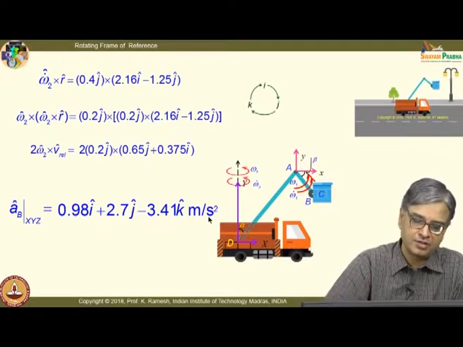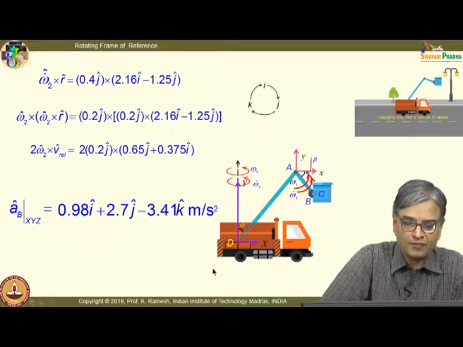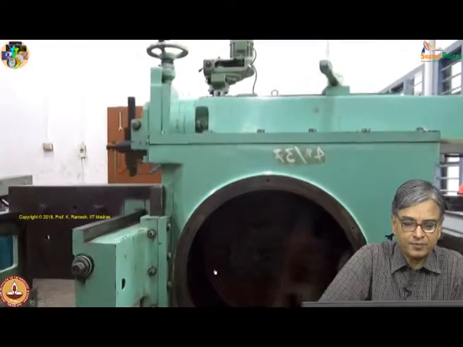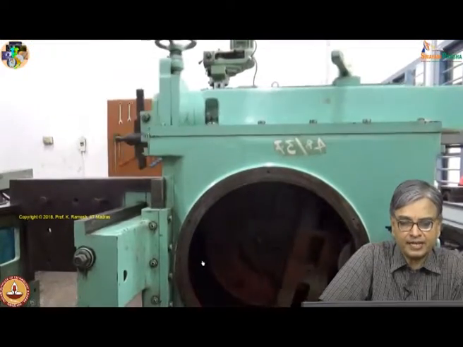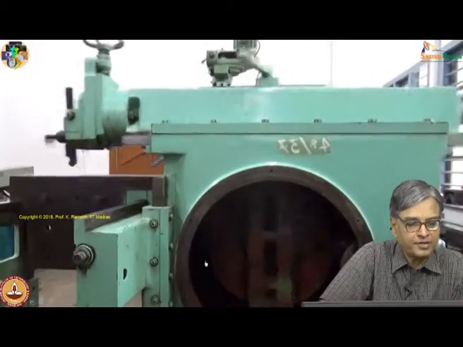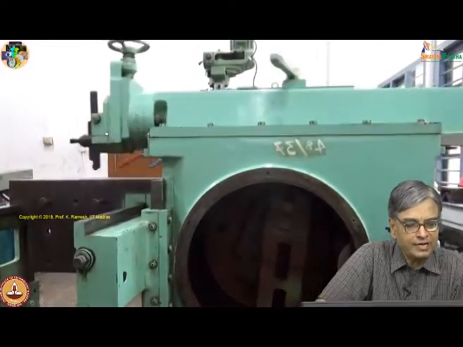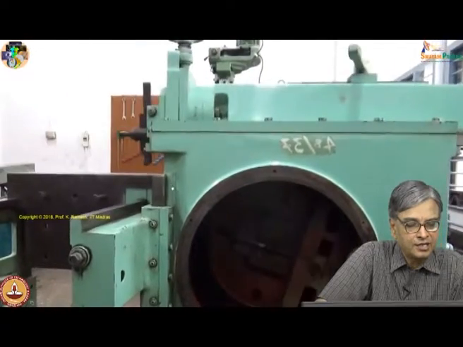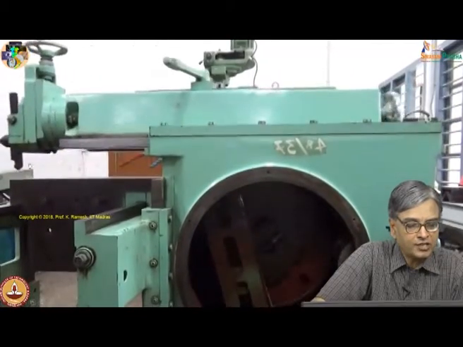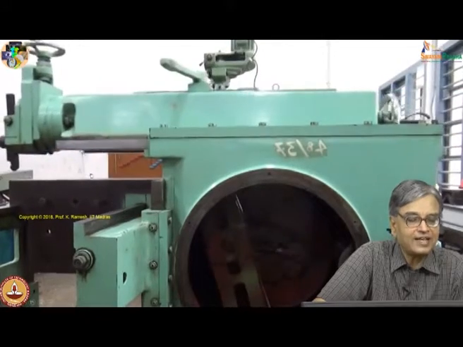Fine. We will also solve another interesting problem which we have already seen in connection with the coincident points. You have a shaper mechanism, you can very clearly see the forward motion is slow and the backward motion is fast.